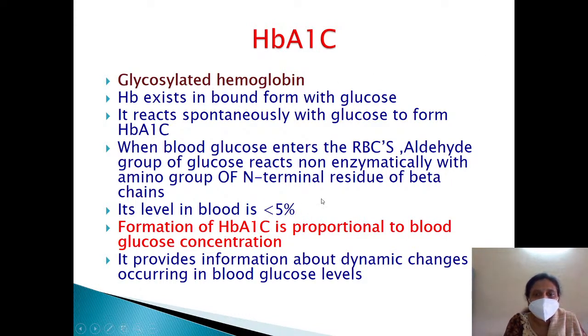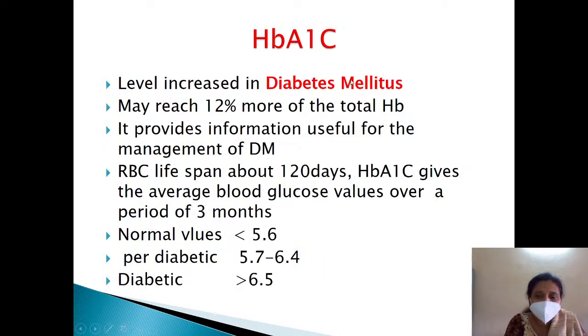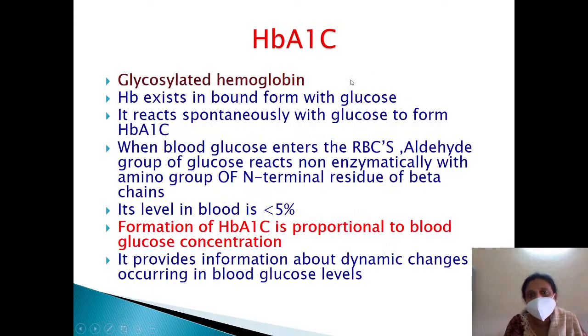The concentration of HbA1c is less than 5%, and HbA1c has clinical significance. The estimation of HbA1c in the blood has clinical significance because the formation of HbA1c is proportional to blood glucose concentration. In normal healthy individuals its concentration should be less than 5%.